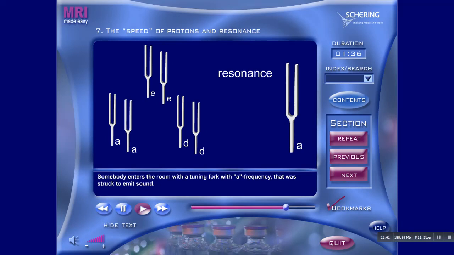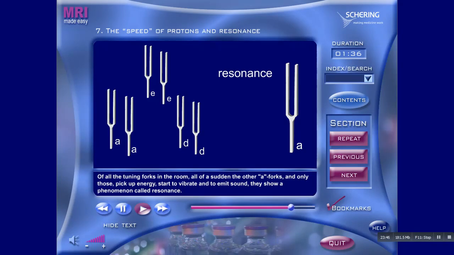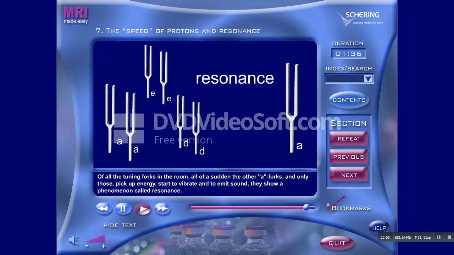Of all the tuning forks in the room, all of a sudden, the other A forks, and only these, pick up energy, start to vibrate, and to emit sound. They show a phenomenon called resonance.